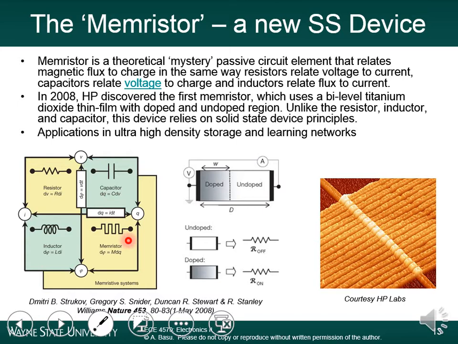They were able to make this theoretical mystery element using semiconductors. Resistors, capacitors, and inductors don't need semiconductors, but for this fourth mystery element, you actually have to use semiconductors. It is a very exciting element because it has applications in very high density storage and in learning networks.